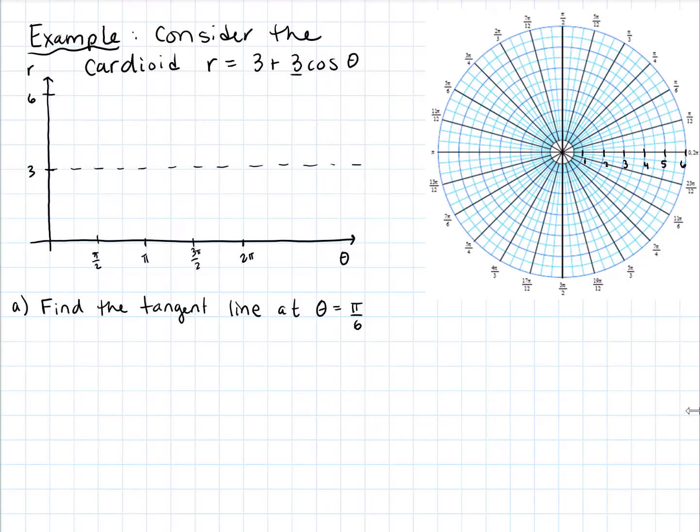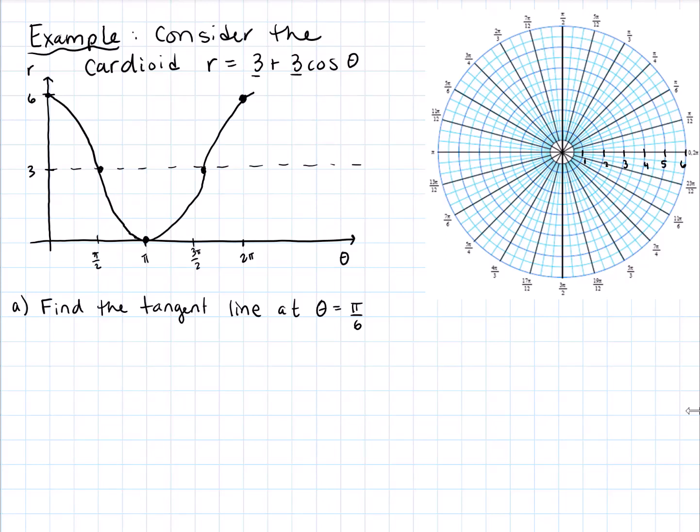It's shifted up 3, and it has an amplitude of 3, so I'm going to be starting up at 6. By the time I get to pi over 2, I'll be back down here at 3, and at pi I'll hit 0, and then I'll go back up again, hitting those key points to sketch my curve, and that is going to give me a cosine curve that looks like this. Now, of course, it goes on.